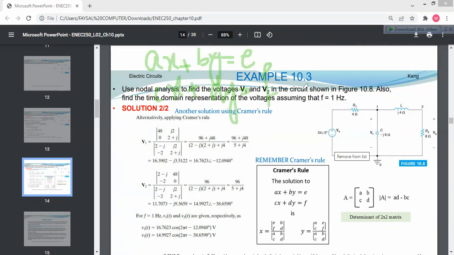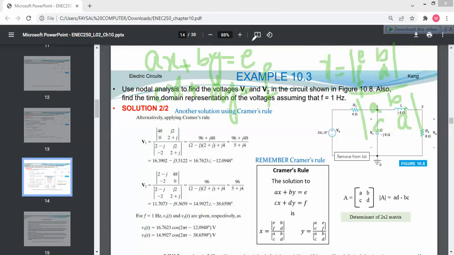So for Cramer's rule, I have to find the value of x and y. So the value of x equals to e, b, f, d divided by the value of my determinant. The determinant value will be found by using a, b, c, d.